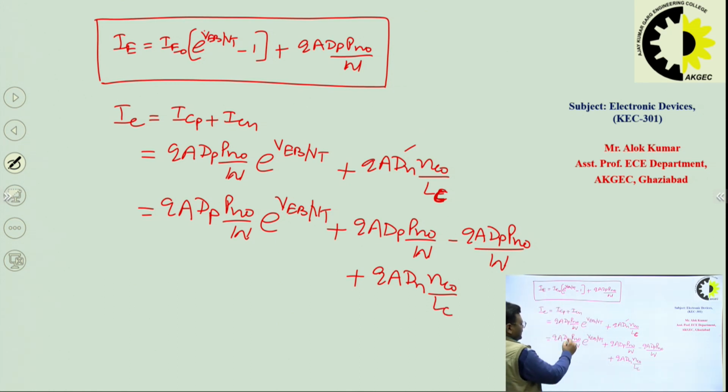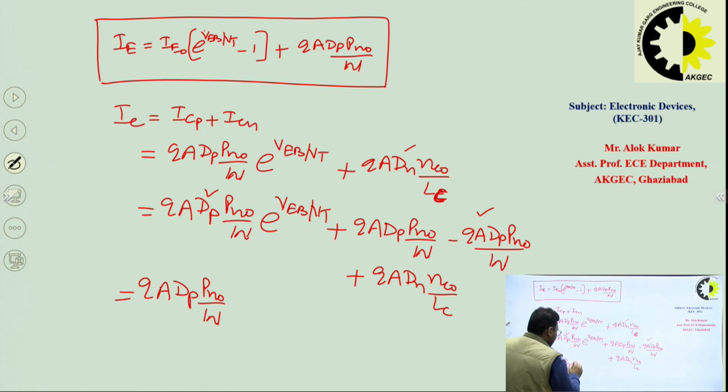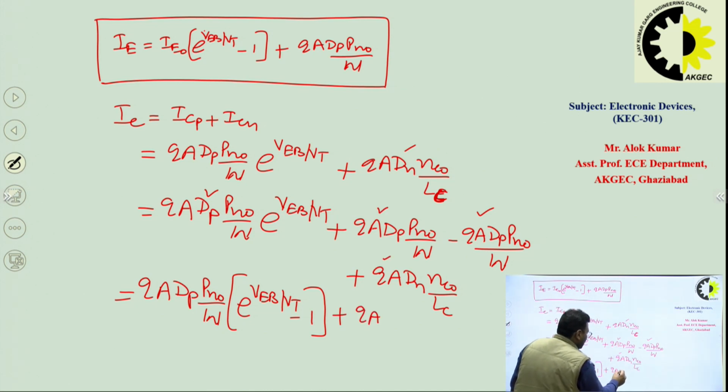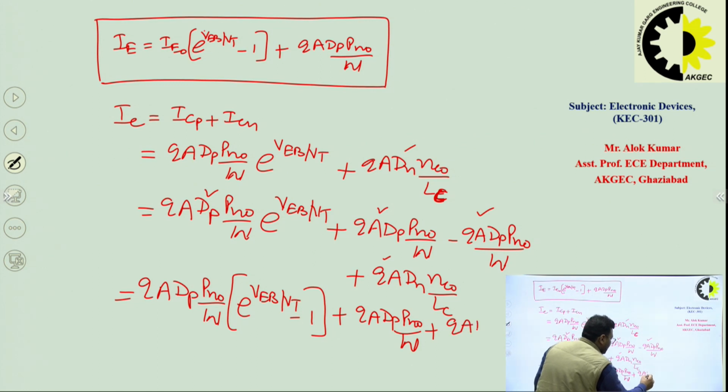Okay, so I will take this term and take the common part out. It will be QA dP Pn naught upon W. We can take this common, and inside it will be VEB over VT minus 1, right, and these two terms we can add. So it will be QA dP Pn naught upon W plus QA dN NC naught upon LC.